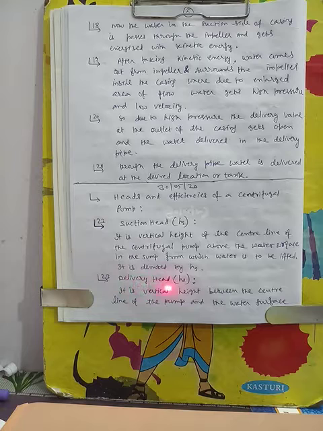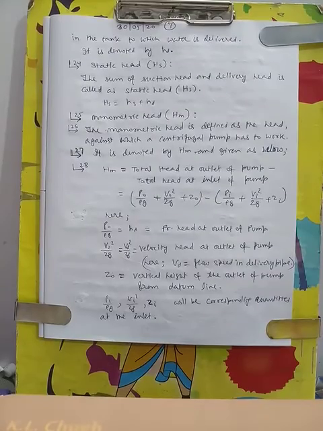And what is the delivery head? It is a vertical height between the central line of the pump and the water surface at the delivery level. So delivery head is the height of center of the pump to the point of delivery where the water is getting delivered.